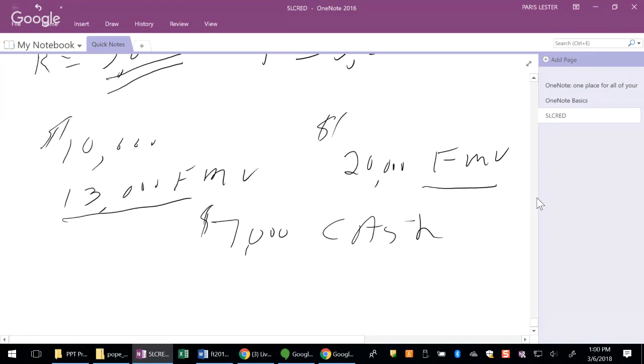What was the basis of our equipment? 10. And then we gave up what else? 7,000. That makes how much? 17. That's the basis of our new property. See, we're giving boot now. So you do have to look at both ways or both scenarios.